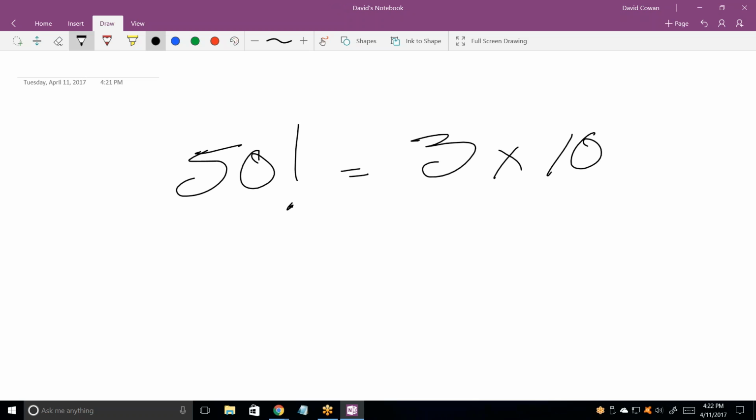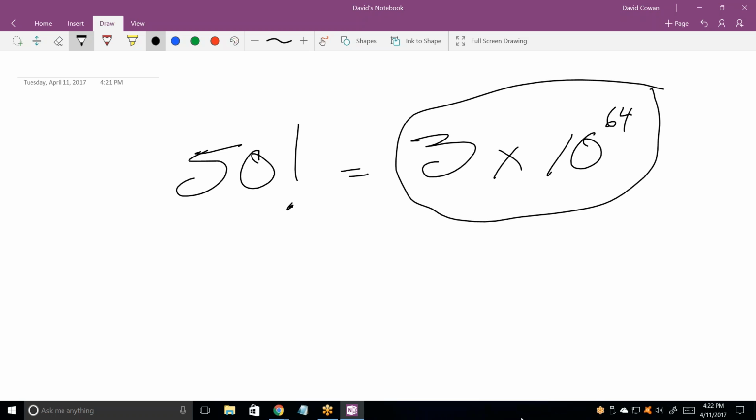Equals 3 times 10 to the 64th? Yes. That's more molecules than exist in the entire observable universe. Wow. So that is a gigantic number. Who knew?